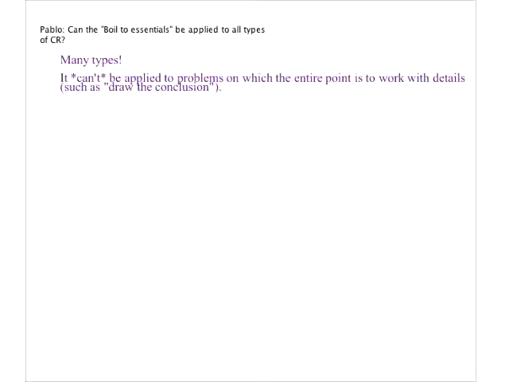But on most other types of problems, this is the point: you need to understand the essential argument and respond to it without getting distracted.